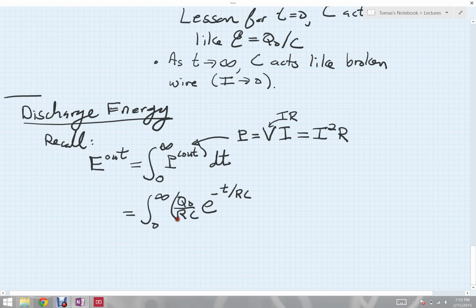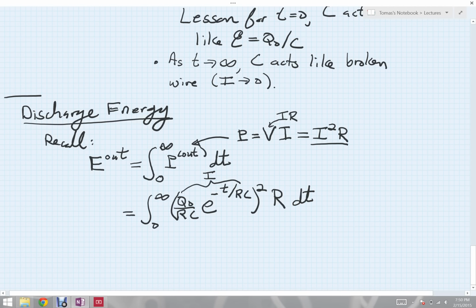That is my current, which has to be squared. And then that has to multiply the resistance. So I'm actually integrating I squared times R. There's my resistance. And then that is integrated times time dt.